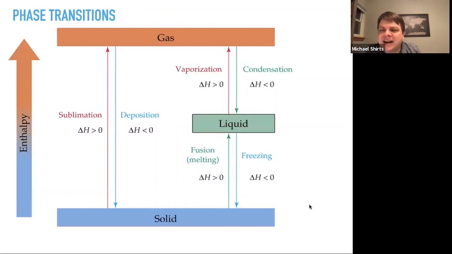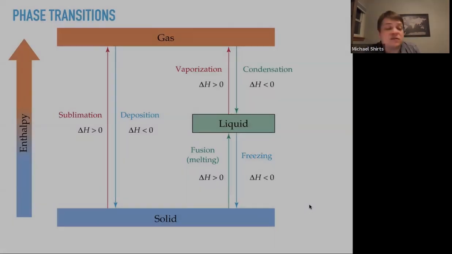If you think about melting ice, we use melting ice to cool things. Why? Because it's an endothermic process, and in order to go from solid to liquid, it has to pull that heat from somewhere else. And so that's the way to think about the heat required to go through these phase transitions: the heat required to break apart the intermolecular interactions, or the heat gained when the intermolecular interactions form again.